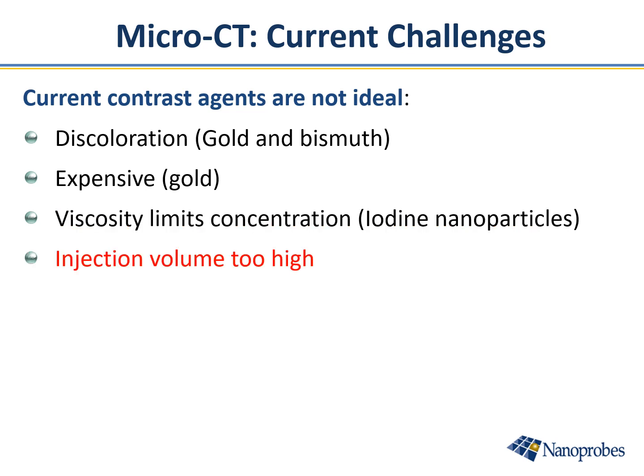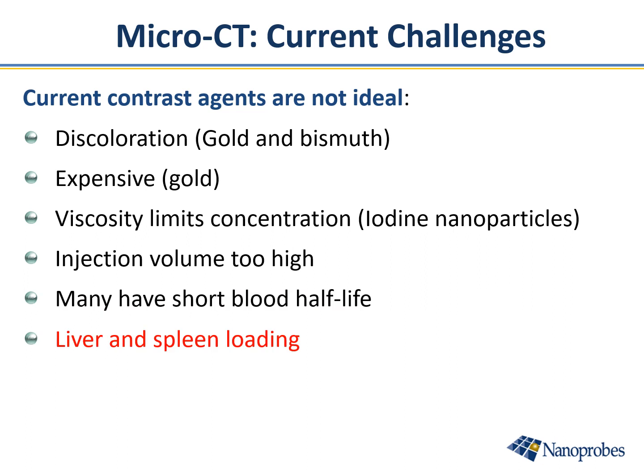The injection volume required to administer sufficient contrast agent may be too high and pose a danger to the specimens or to the animals. Some have too short a half-life to allow detailed, high-resolution imaging of specific structures, or an investigation of what happens over time within systems or organs. Liver and spleen loading can lead to toxicity.